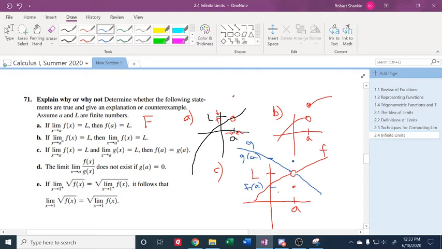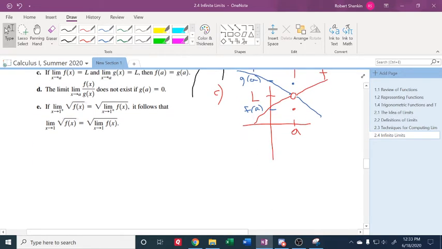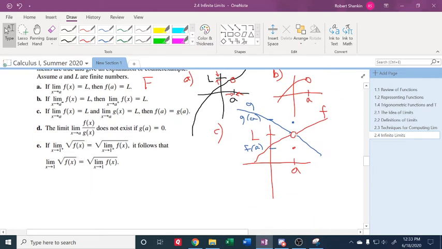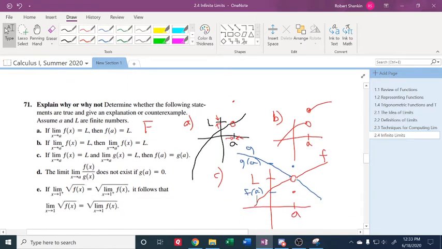And so they're not equal in height, and so this one is false as well. Okay. And that's as much as I'm going to do for number 71. But that'll give you a good heading into the rest of that.